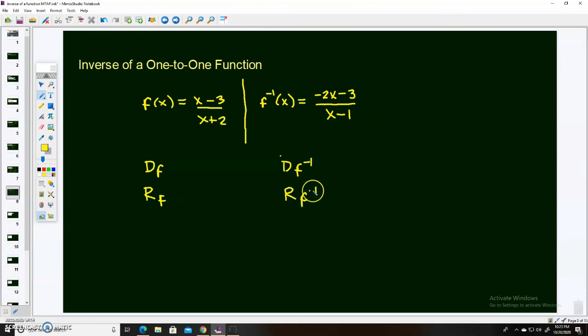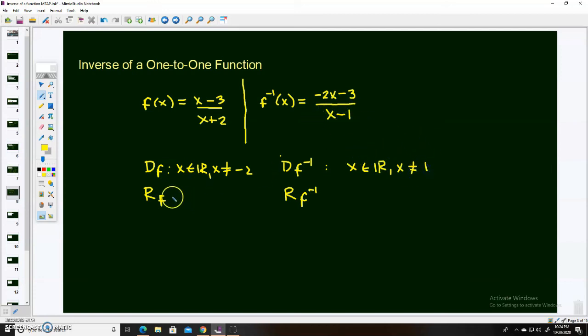The domain is easy. It's all real numbers except the value that will make the denominator 0, which is negative 2. The domain of the inverse is all real numbers except the value that will make the denominator 0, which is 1.